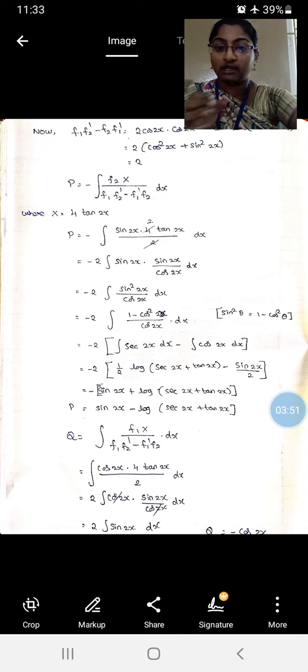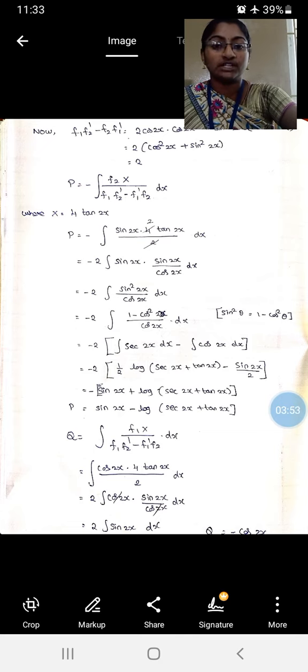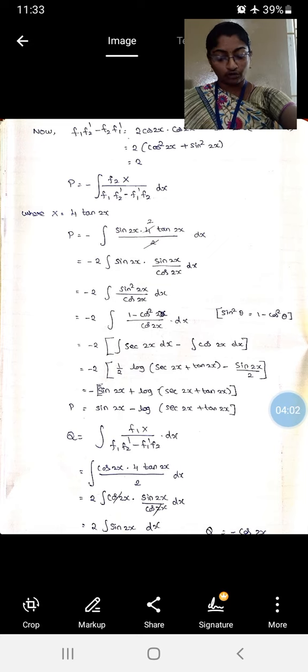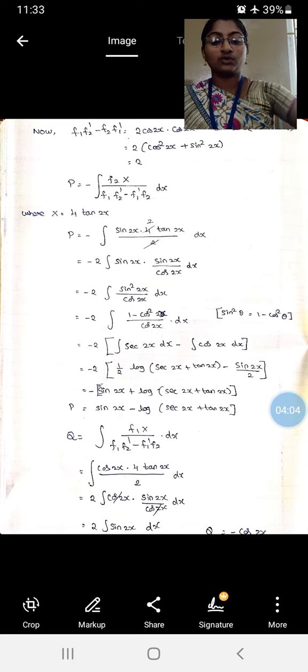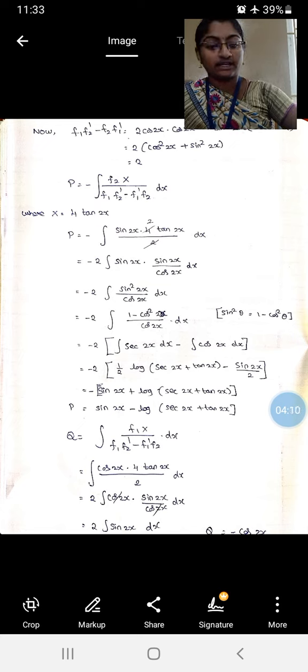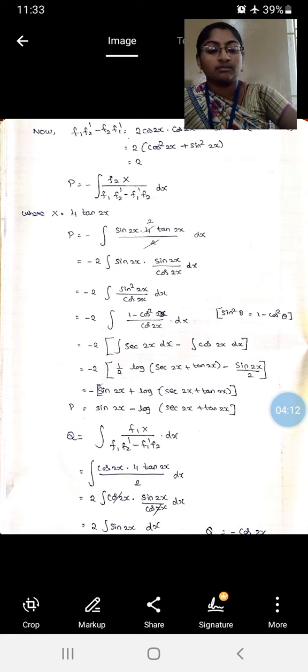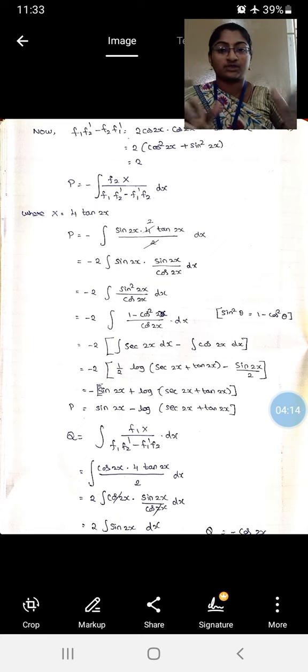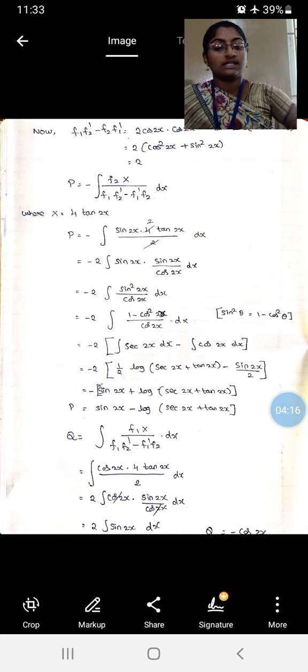Next we have to find the value of the denominator. The denominator is f1 f2 dash minus f2 f1 dash. So f1 is cos 2x and f2 dash is 2 cos 2x, minus f2 which is sin 2x and f1 dash which is minus 2 sin 2x. Just substitute in this expression and simplify it.